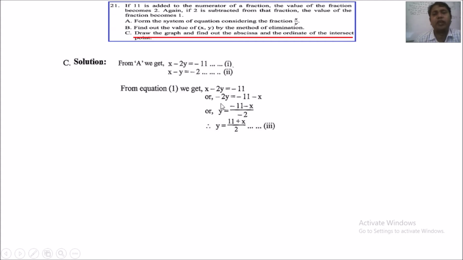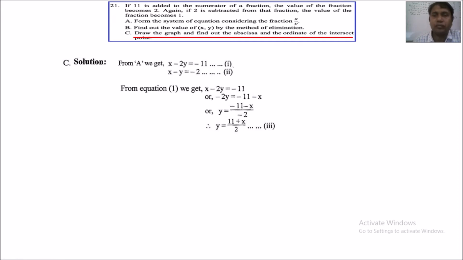Then we are going to divide by minus 2. So y equal to minus 11 minus x by minus 2. If you take minus common from the numerator, then it will be 11 plus x, and in the denominator the minus will be gone. So finally we get equation number 3, that is y equal to 11 plus x by 2.